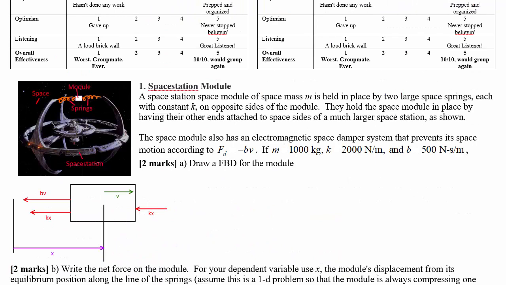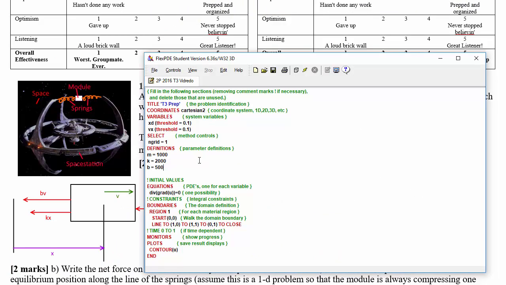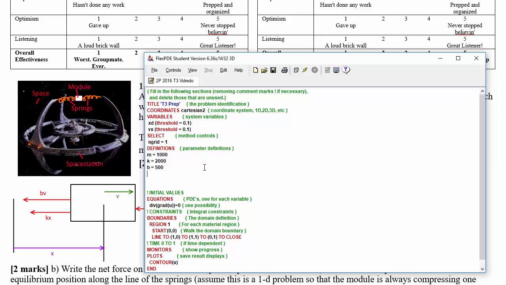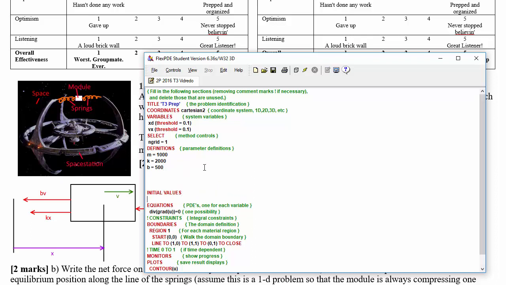Yeah. The initial value was a position of 0 and a velocity of 50. The differential equation is going to be that dt of xd is vx, and dt of vx is equal to fnet over m.